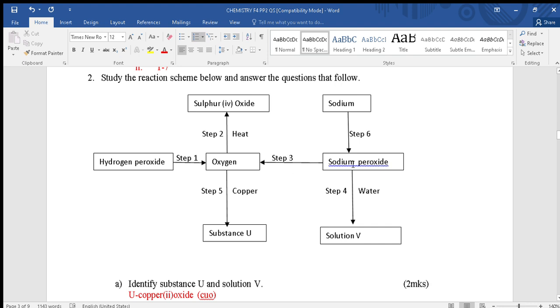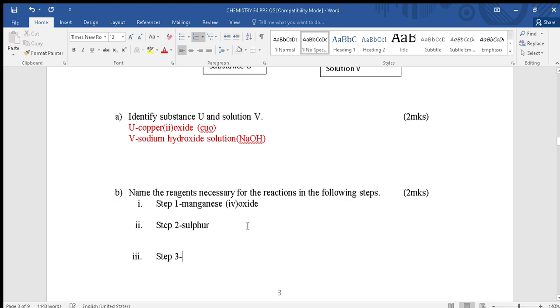What do you add to sodium peroxide for you to form oxygen gas? The substance that you add to sodium peroxide to form oxygen gas is water. So whatever you need in step 3 is water. So you can also highlight this so that you note it. Highlighting it in a different color so that you can see very well.